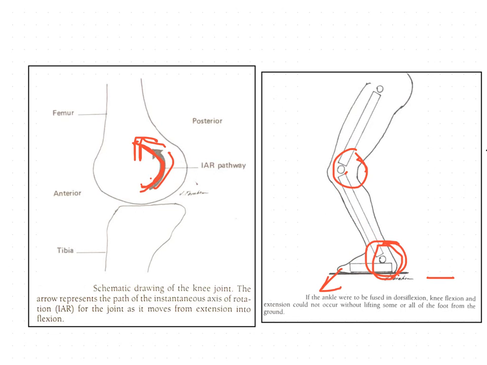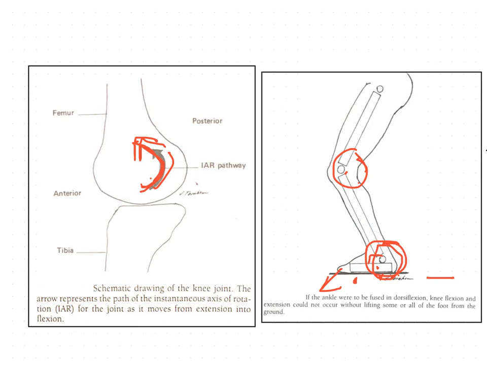You can see this in this diagram. Here the ankle is fused, so there is no chance of plantar flexion taking place. Then the knee would be unable to either flex or extend without movement of the foot from the ground.